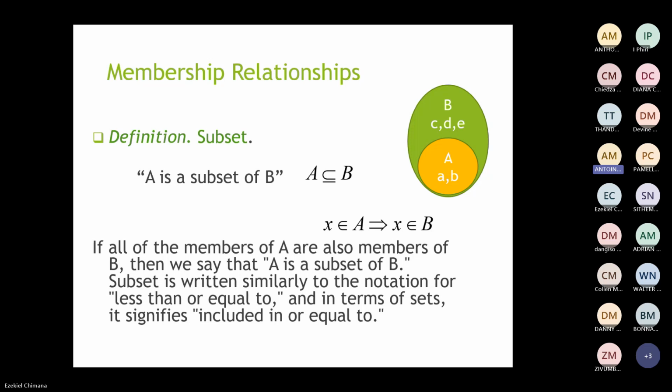A has a and b, and those elements are written in small letters, while the sets are represented by capital letters. There's a sign between A and B which shows that A is a subset of B. A is inside the B set.